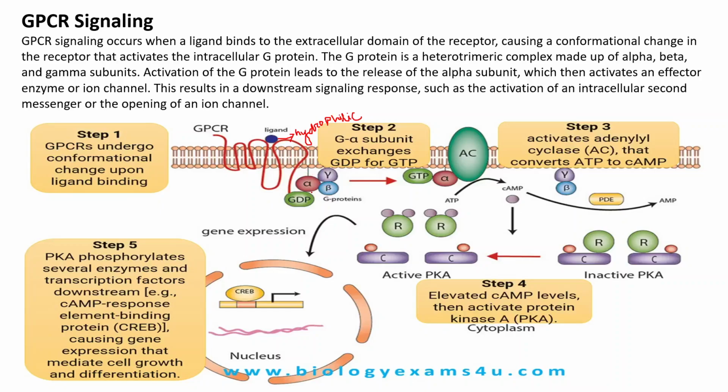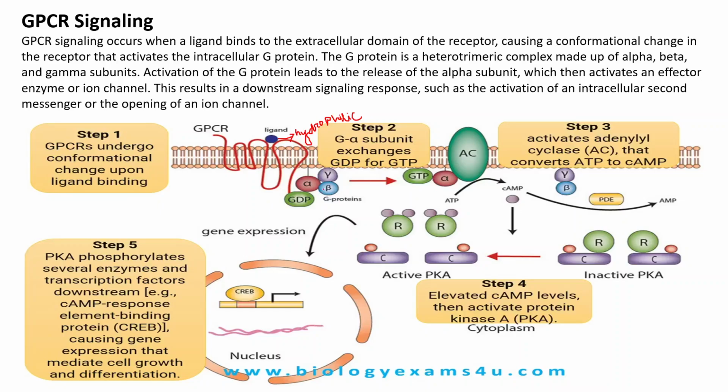In the normal condition, this G protein is bound with GDP. Once the ligand binds to this receptor, it changes the GDP to GTP through the guanine nucleotide exchange factor. In step 2, the G alpha subunit exchanges GDP for GTP.